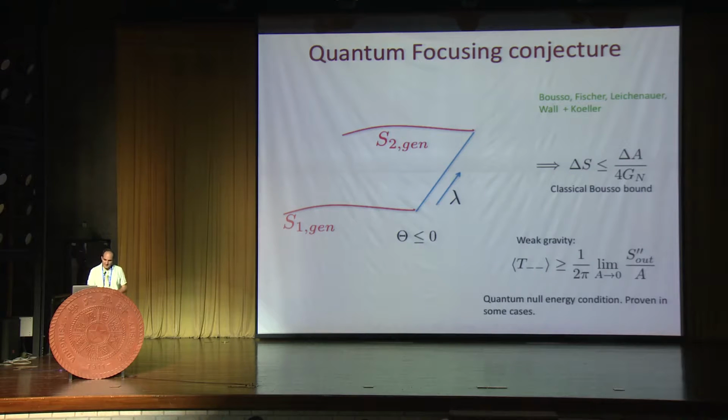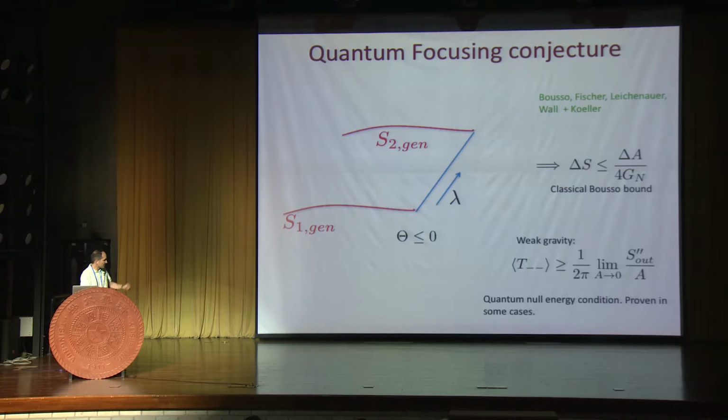And it also, in the limit of weak gravity, so if you consider a situation where these null rays are almost not expanding, then if you throw in matter, they will expand a little bit given by Einstein's equations, and this quantum focusing conjecture reduces to a field theory statement: that the expectation value of the stress tensor, the minus-minus component, should be bigger than the second derivative of the entanglement entropy outside the region.